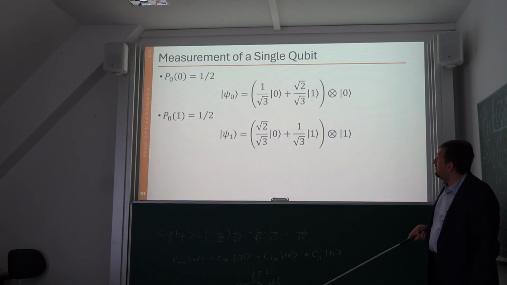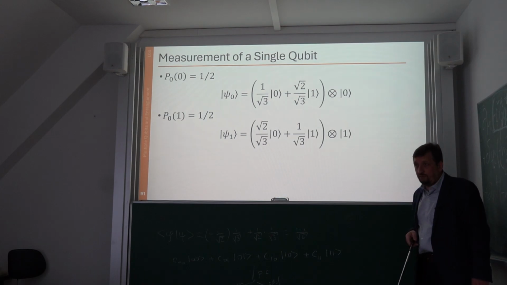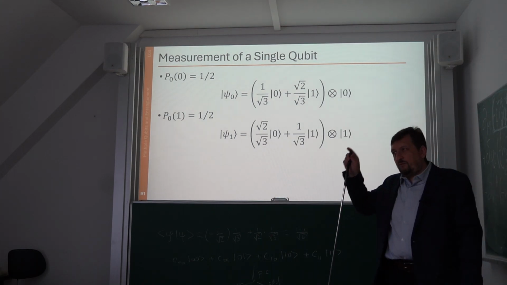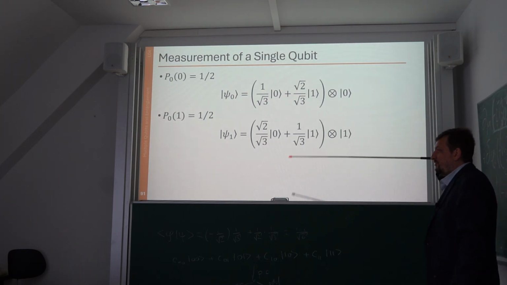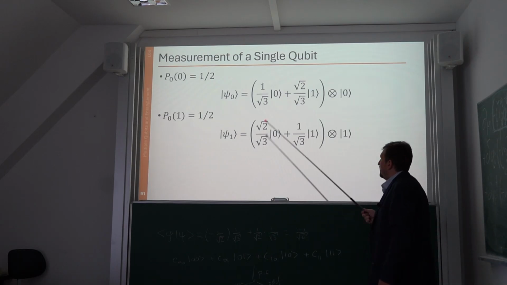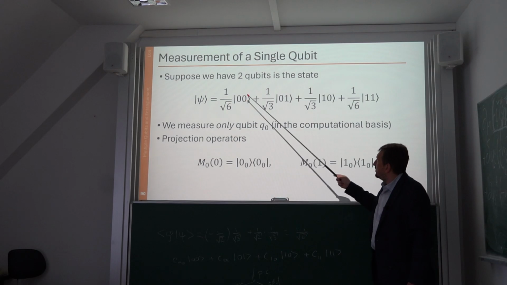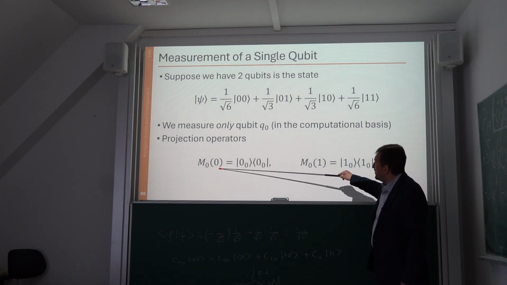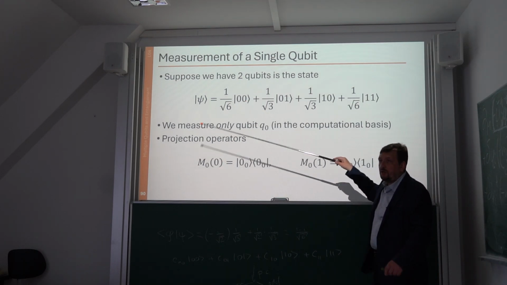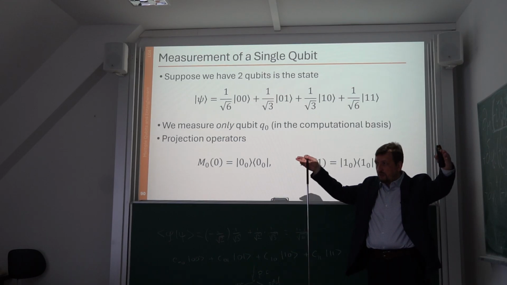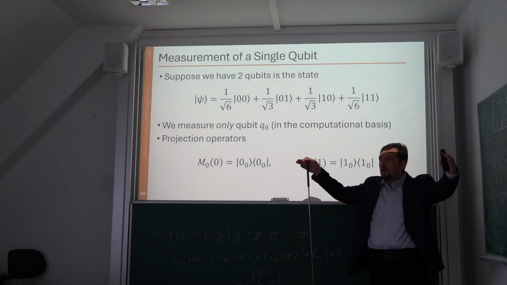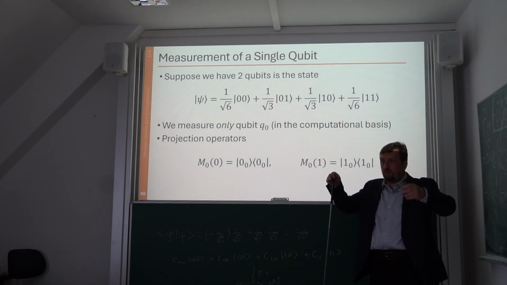So when you do the math, this is what you get. I just do this math at home, it's not very difficult. So when you apply this operator to the state, you get a state which is not normalized. To get the probability of the outcome, you have to find its norm.